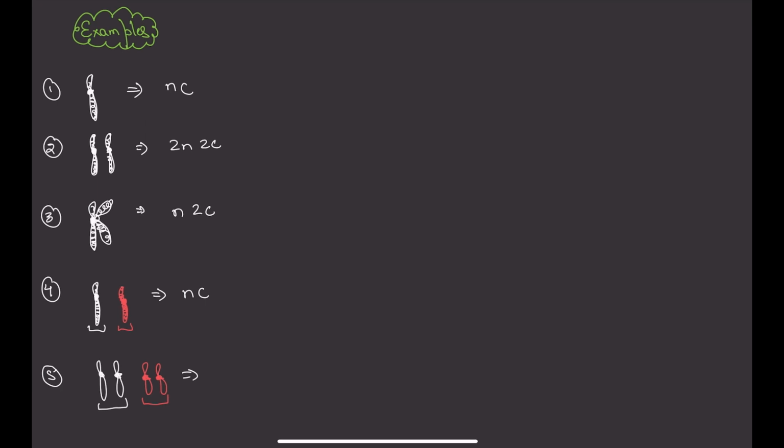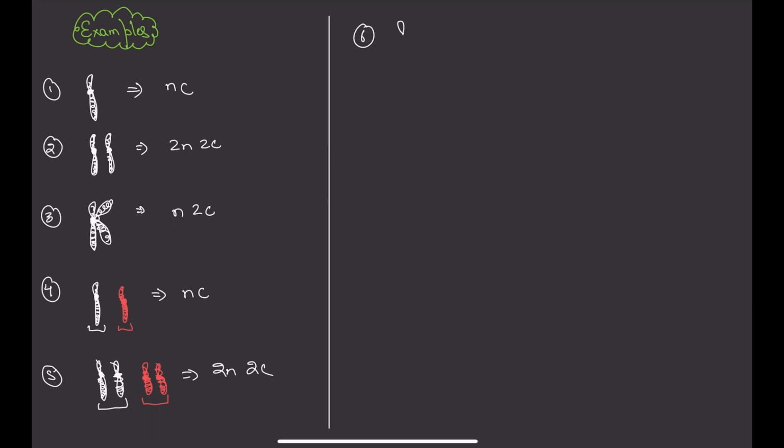So I can say the condition is 2n. And white is carrying one chromatid, two chromatid. Likewise, red is also carrying one chromatid, two chromatid. So the content becomes 2C. Right? Now let us take some more examples.